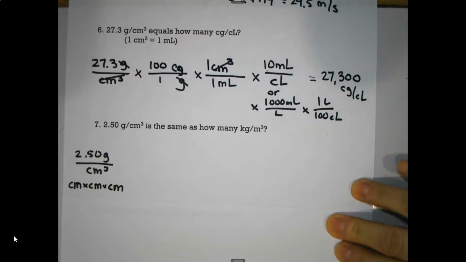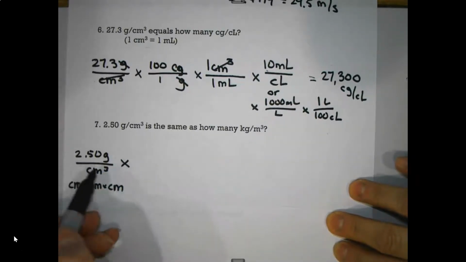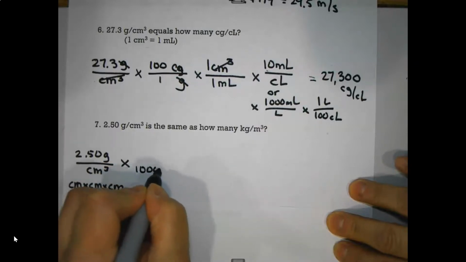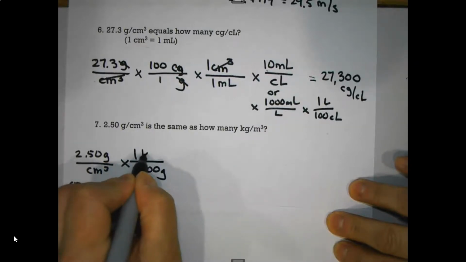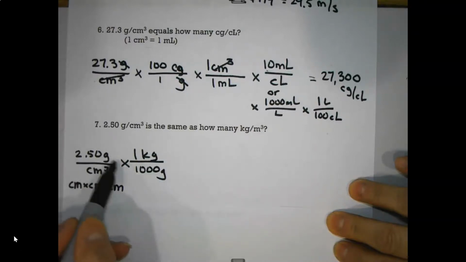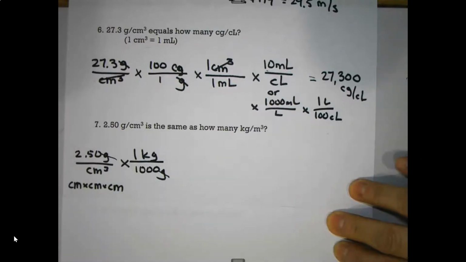That square or cube means that many times the unit. Let's do the easy part first: grams to kilograms. There are 1,000 grams in 1 kilogram. Grams on the bottom cancel out the grams in the numerator, and I'm left with kilograms.